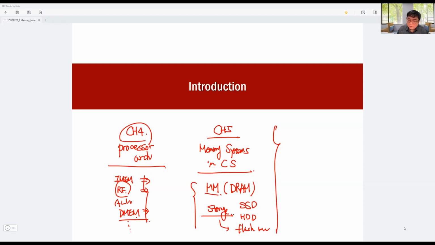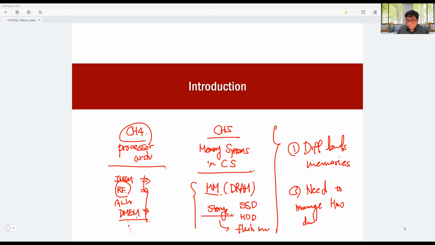So in our computer systems, there are many different kinds of memories. Different kinds of memories exist in our computer systems, so we need to organize these different types of memories. And we need to manage how data is accessed from the memory.